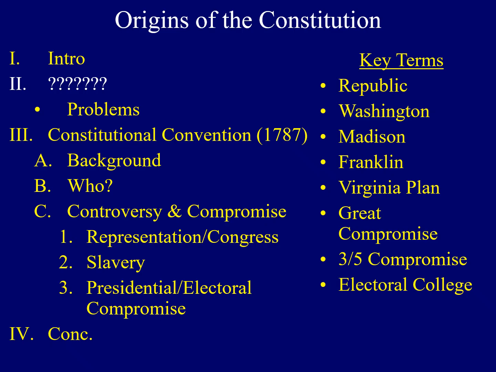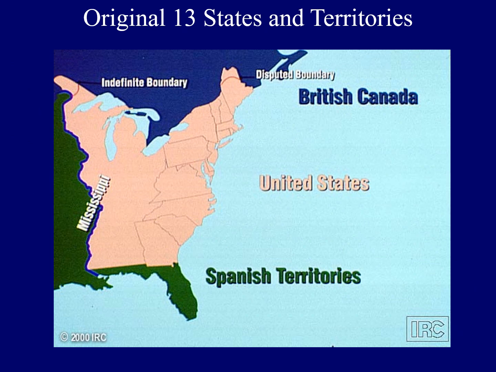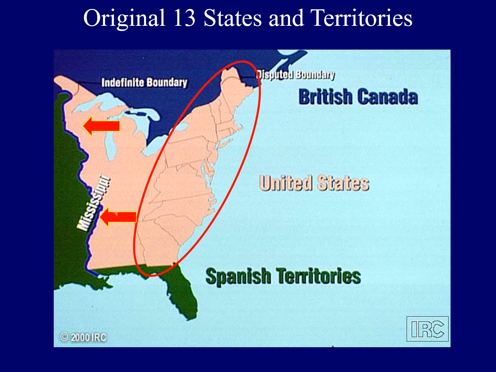So I'd like to begin by talking about the first Constitution of the United States and some of its problems. This map identifies the land included in the original 13 states and territories at the end of the American Revolution. Notice the area in pink on the right, the eastern seaboard. Those included the first 13 colonies that eventually became states.